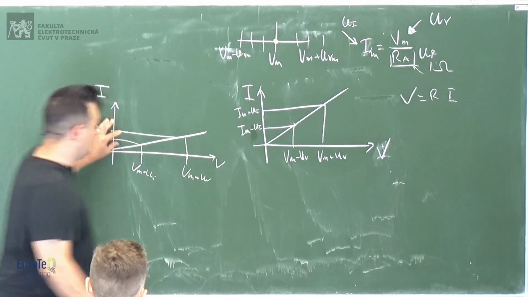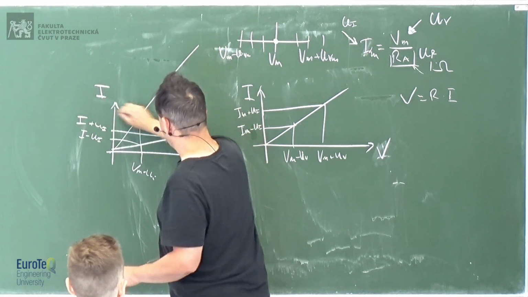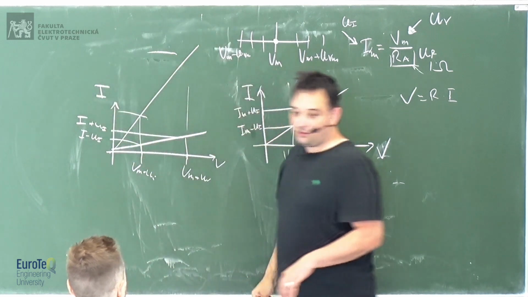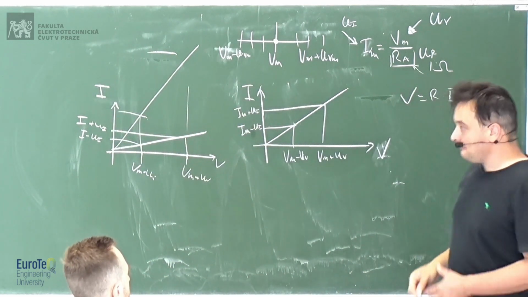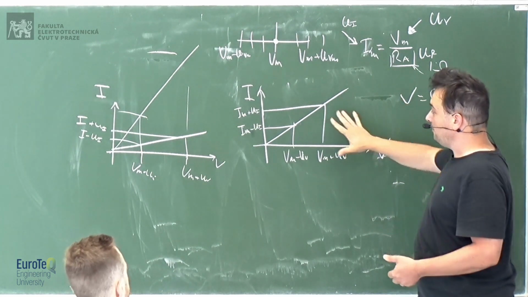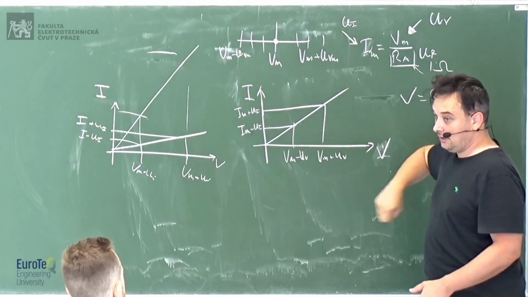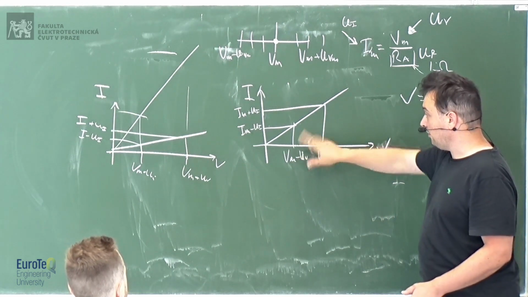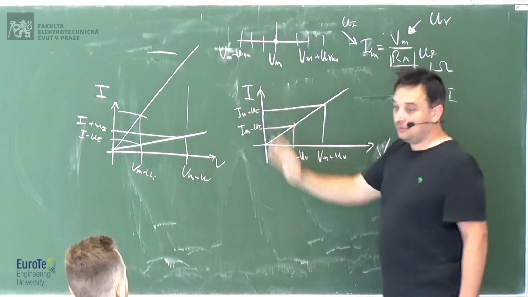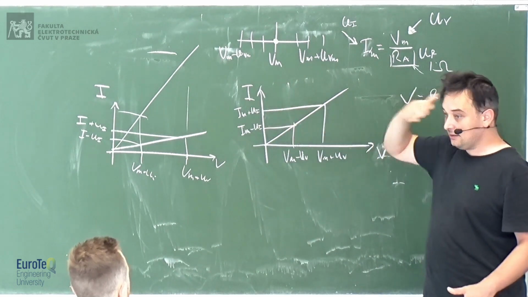If it's larger, then the range will be greater. So what you need to do is to calculate this slope, because this slope tells you how the very same range of uncertainty of the voltage is translated into the final uncertainty of the current.